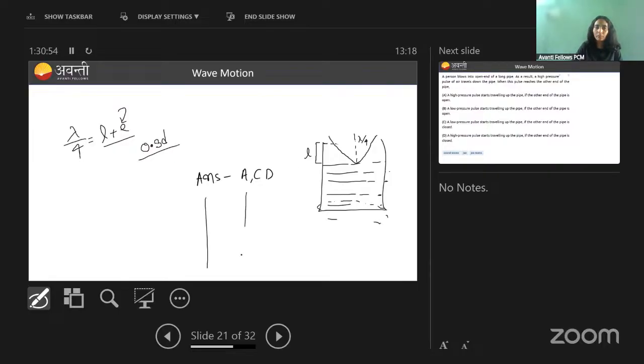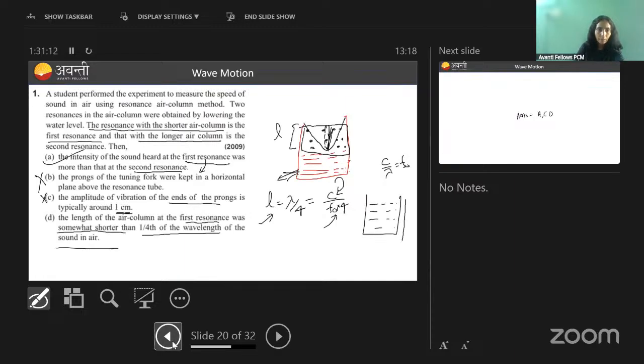So when both sides there is air column and you are getting resonance like this, यहाँ पे भी end correction लगाओगे, यहाँ पे लगाओगे, but here there is only one side, it is open to the air, so only one end correction.